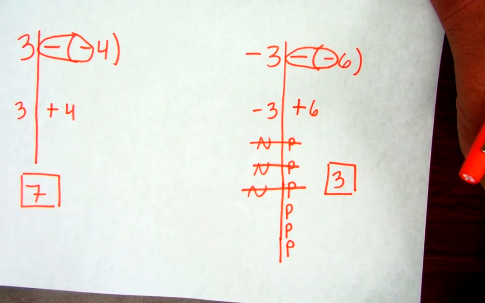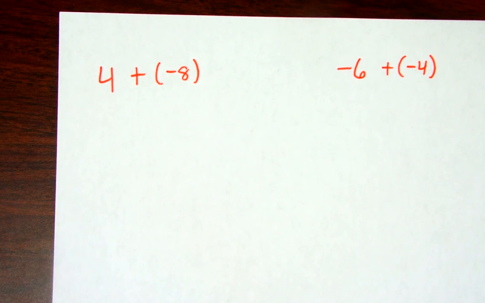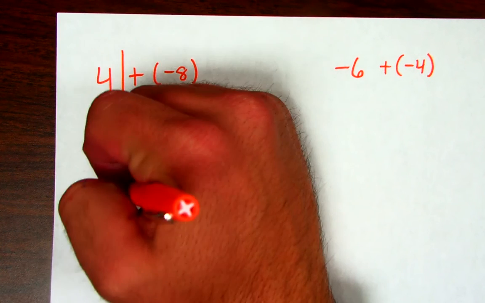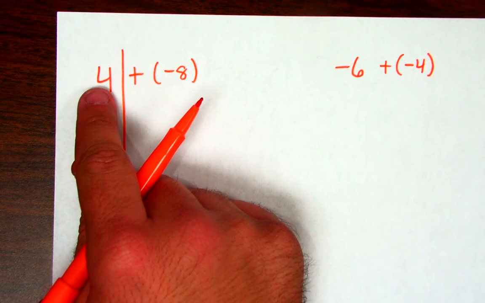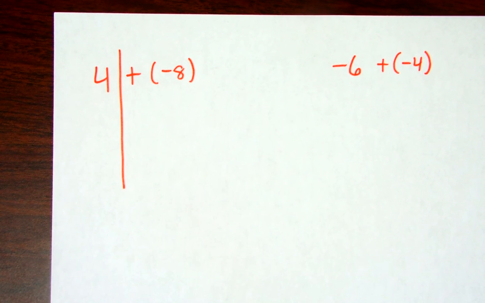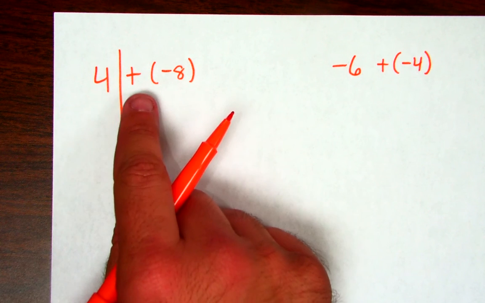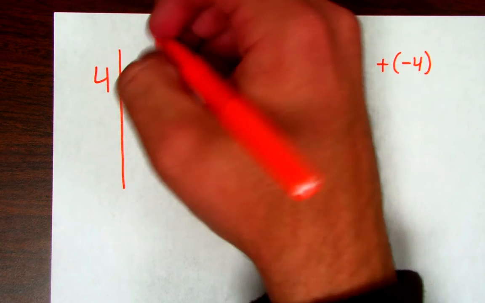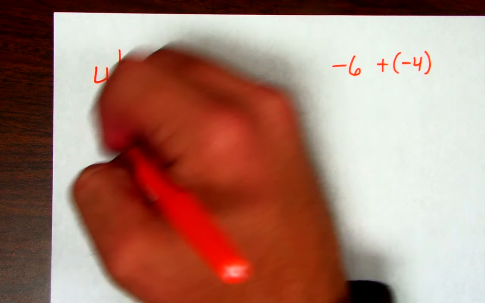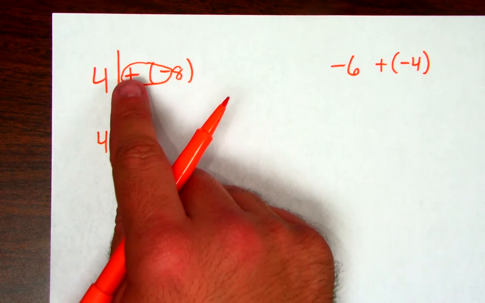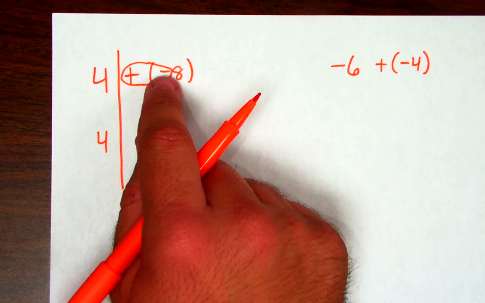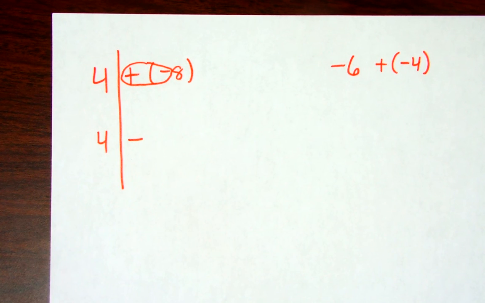All right, 2 more. Ooh, not too bad here. Let's start by separating out each term. So I have a positive 4 as my first term, plus a negative 8 as my second term. I'm going to start by circling my double signs. Double signs, again, are signs back to back, like you see here. Now in this case, if your double signs are opposites, they're not the same, then it is automatically a negative.